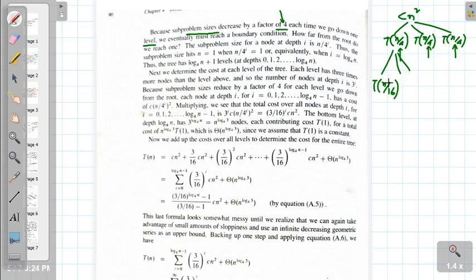If we go like this, eventually we must reach a boundary condition, and at that time the subproblem size will be 1. If I go down, at some point we will hit this T1 case. So the question is, how far from the root do we reach 1?